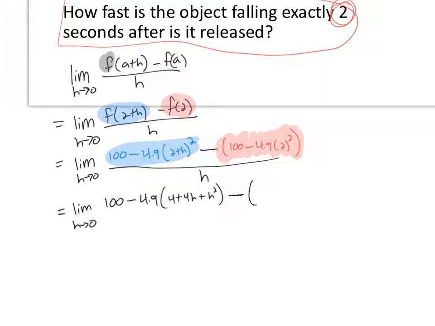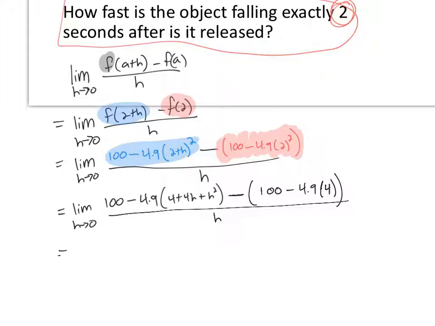Minus 100 minus 4.9 times 4. I'll put that in parentheses, all of that over h.